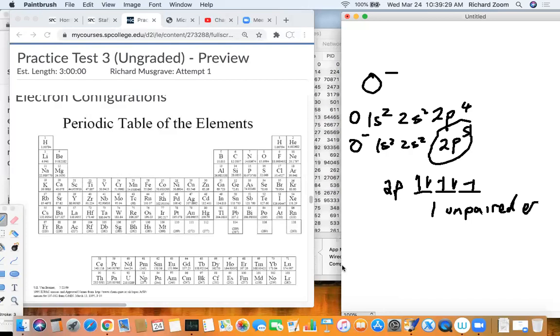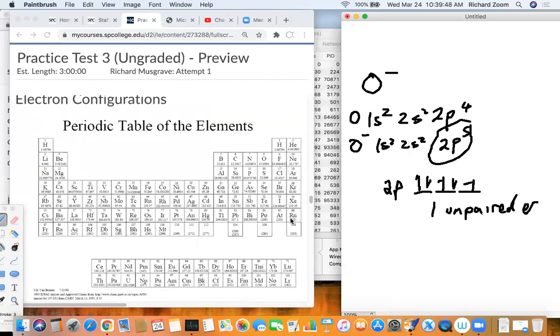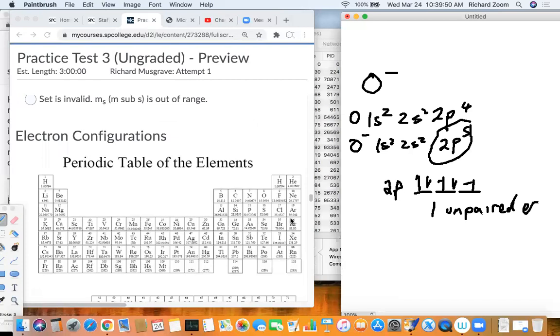Five, 4, 3, 2, 1. Okay, so anybody who answered, I don't know what the other three people are doing, but I don't know. Anyways, any questions? Okay.